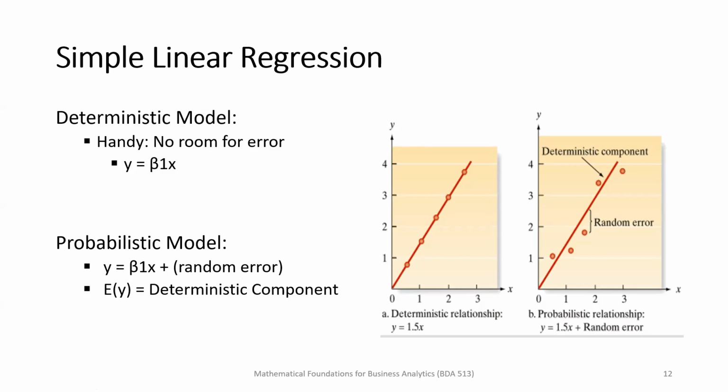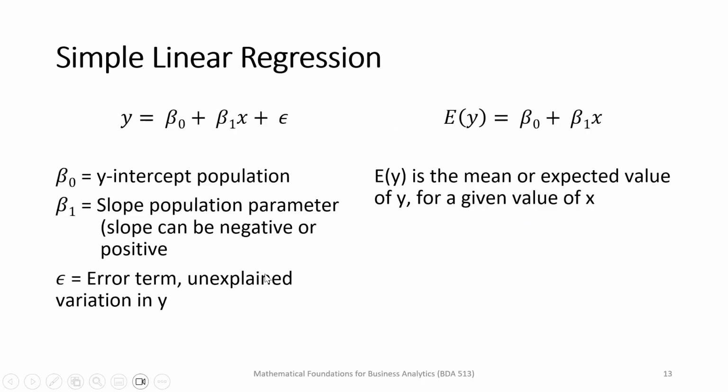Practically, we cannot have a model that will predict perfectly. There will be room for error. So normally we will use a regression equation that makes room for error. You will have something like this: y is equal to beta sub 0 plus beta sub 1 x plus e, the error term.